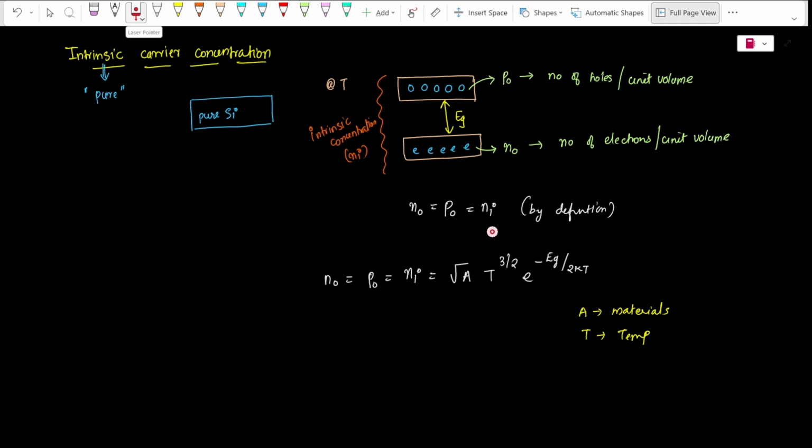And this basically depends only on temperature. So if I have pure silicon, then the number of holes and number of electrons in this particular silicon depends only on temperature and the material, and this is my Ni. So that's it for this video. Hope you have understood, and let's see in the next video.